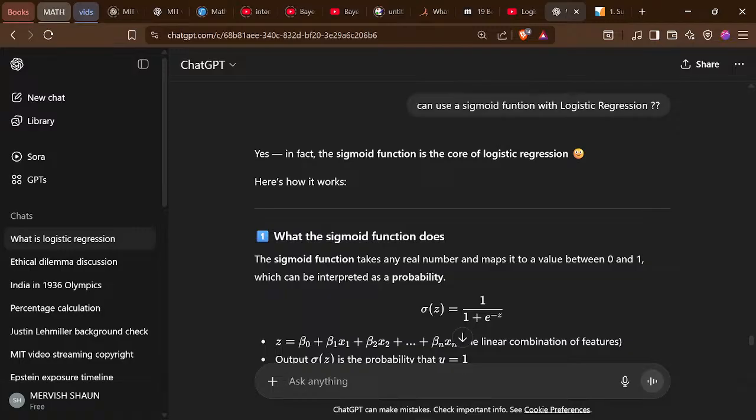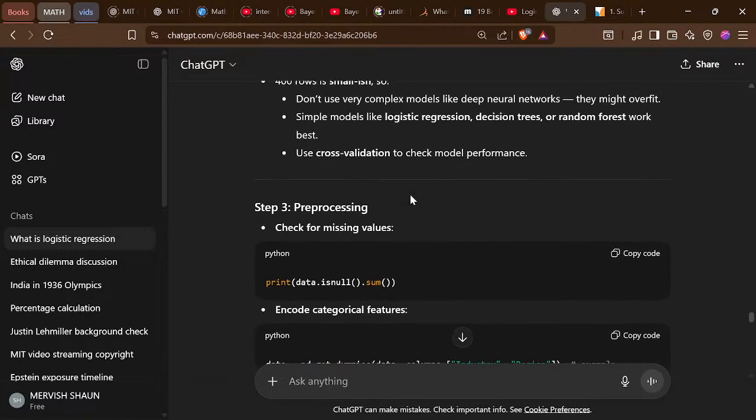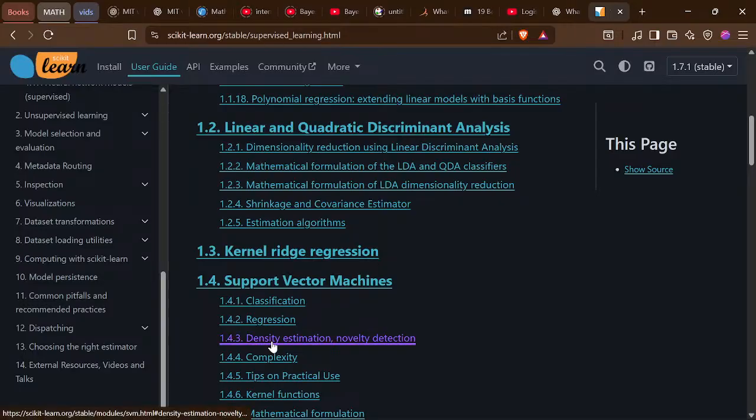Hopefully nobody heard that. But anyways, sigmoid function. Okay, I can use a logistic regression. Let's look at the documentation.